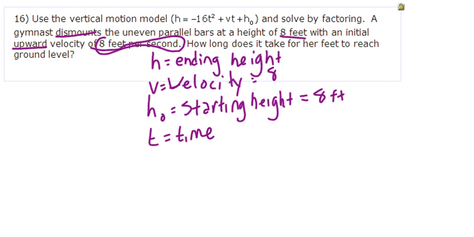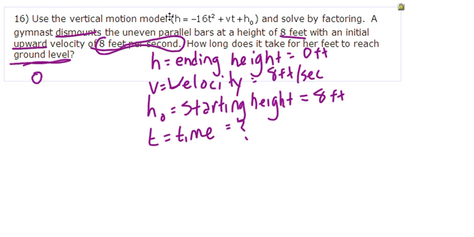So this is 8 feet per second. How long does it take for her feet to reach ground level? So since they're asking me how long, my time is unknown, and it's telling me her feet to reach ground level. Ground level, right, is at 0. So my ending height is 0 feet.